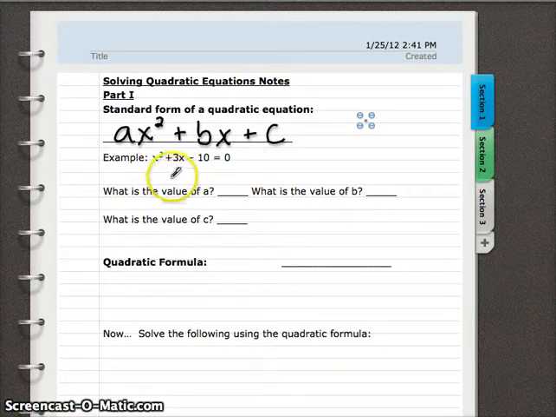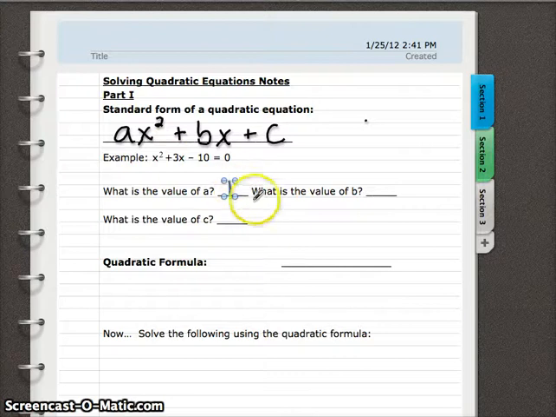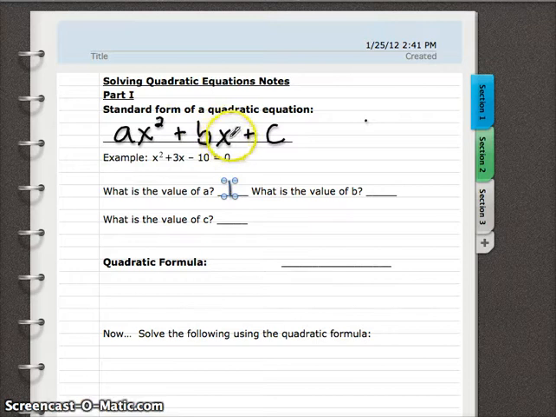A, we're looking for the value in front of x squared. What is the value of A? Well, it's 1. Usually, if you can't see it, if it's invisible in front of a variable there, it's usually 1. That's the value. B is the value that's attached to our x to the first power. Well, in this example, it's 3.